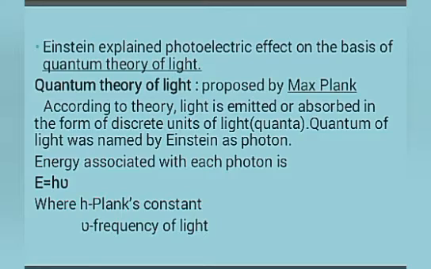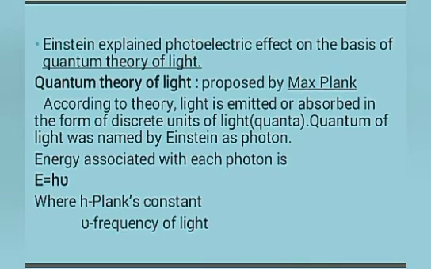So according to quantum theory, the energy associated with each photon can be written as E equal to h nu, where h is Planck's constant and nu is frequency of light or radiation.